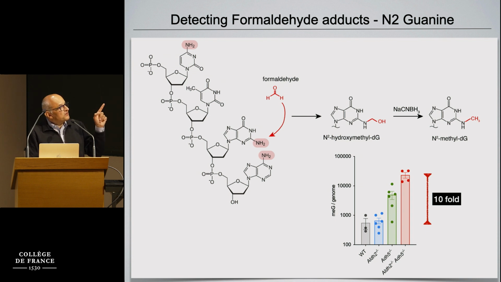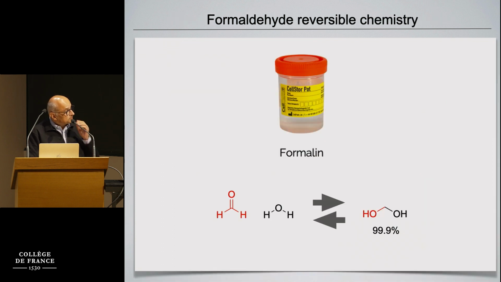However, buried in this very simple description of the chemistry is some very unusual chemistry about formaldehyde, which I'll now tell you about. When you take a bottle of formalin, which is formaldehyde in water, most of the formaldehyde exists in a hydrated form, and it constantly goes in equilibrium and switches forwards and backwards.